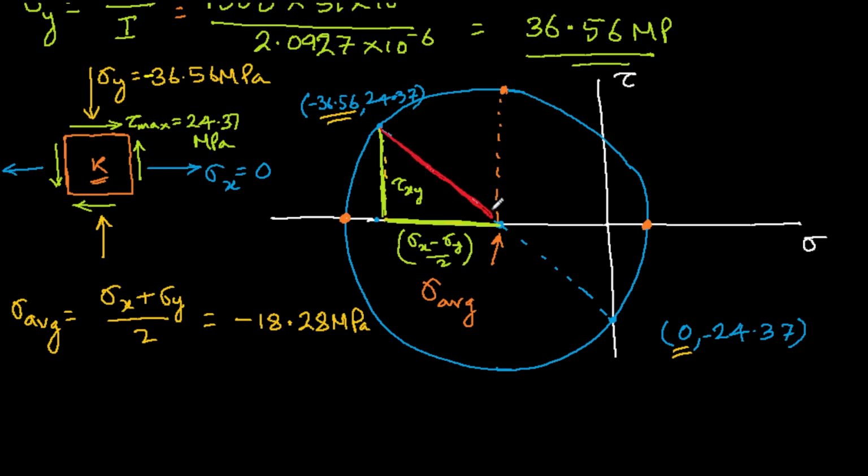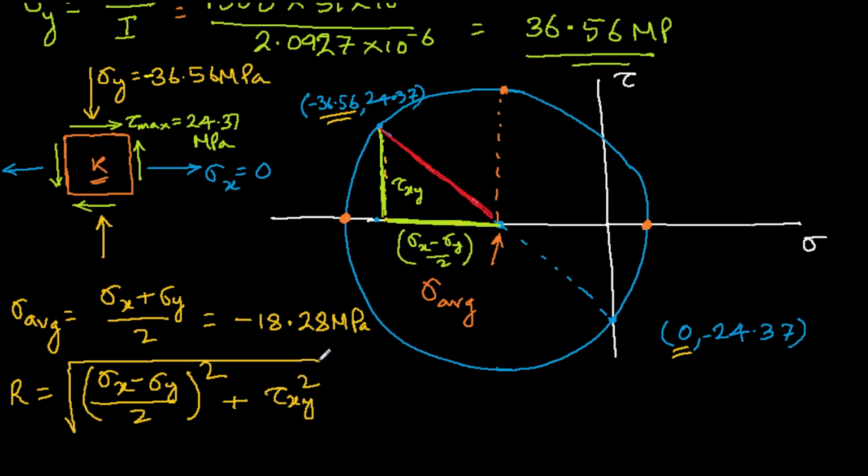So R should be equal to the square root of sigma x minus sigma y over 2, squared, plus tau xy squared. Sigma x is 0, sigma y is minus 36.56. So this will come out to be 30.46 megapascal.